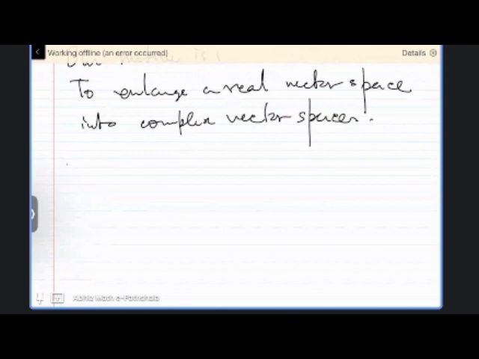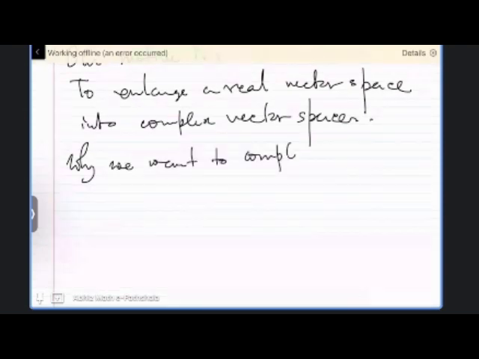So maybe one can ask why we want to complexify a real vector space.